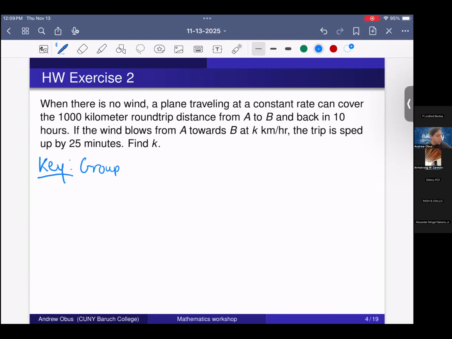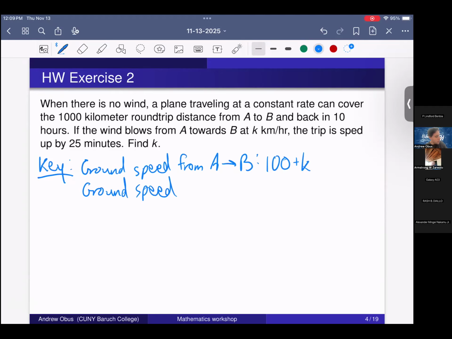Okay. So we know that the ground speed from A to B is going to be 100 plus k, and the ground speed from B to A is 100 minus k.